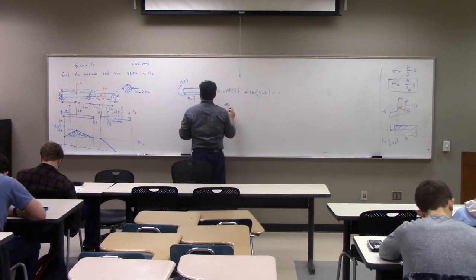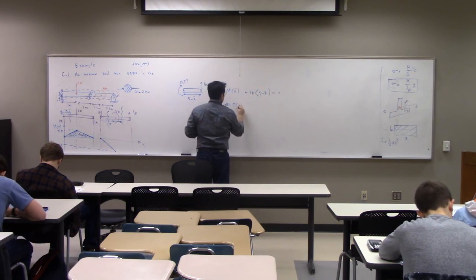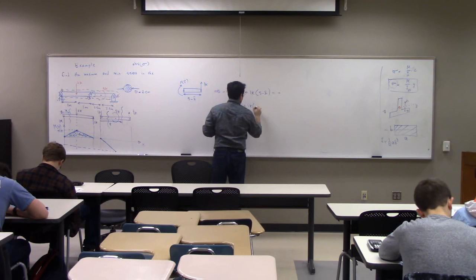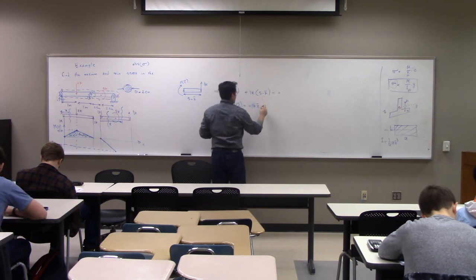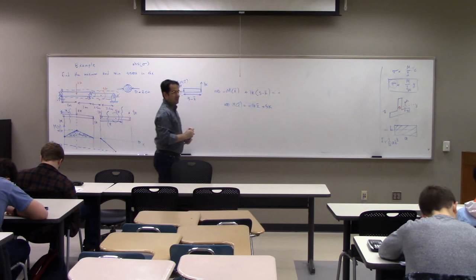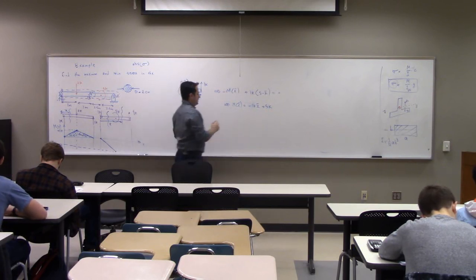That means M x bar is equal to negative 1k x bar plus 5k. Alright?